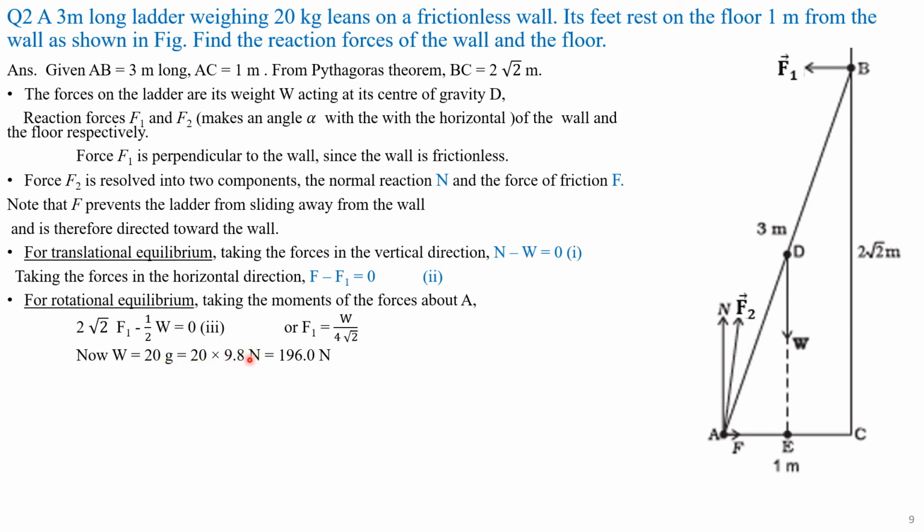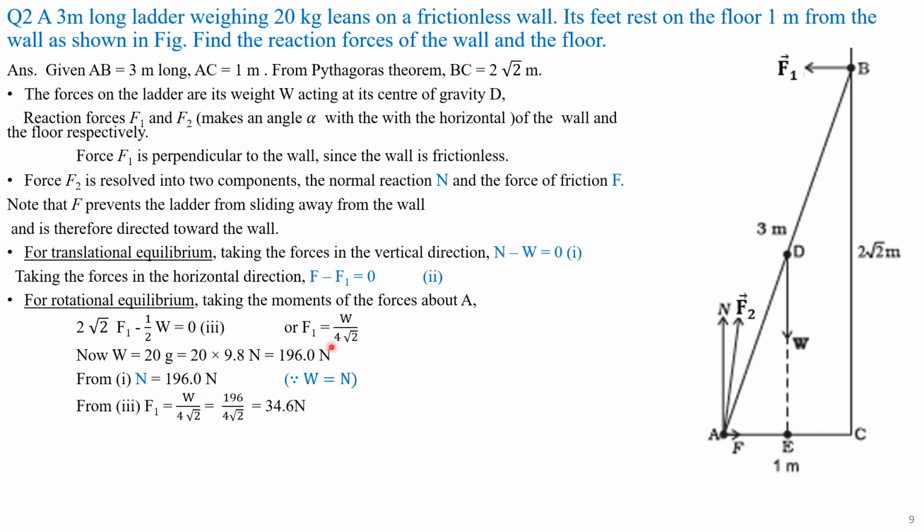This N is newtons, it is not normal. Simplifying, we get 196 newtons. From equation 1, N minus W equal to 0, N equals W. Therefore, N is equal to 196 newtons.